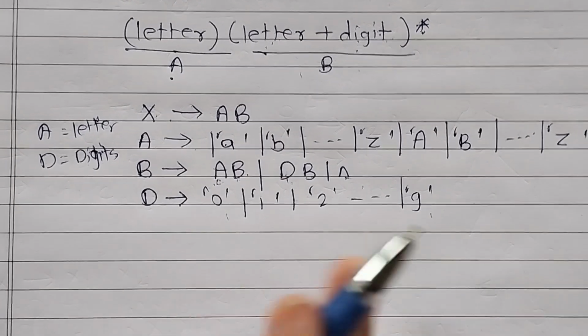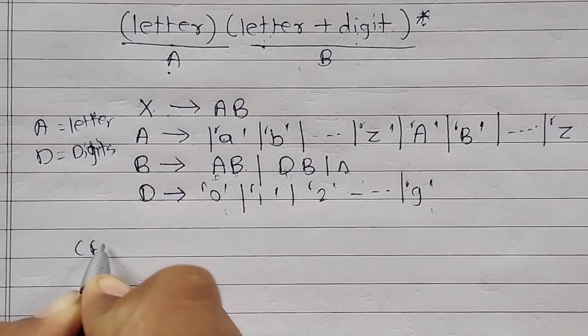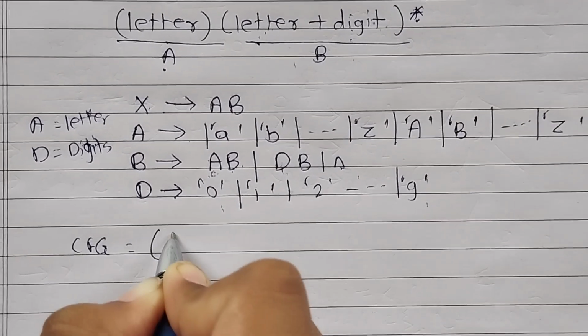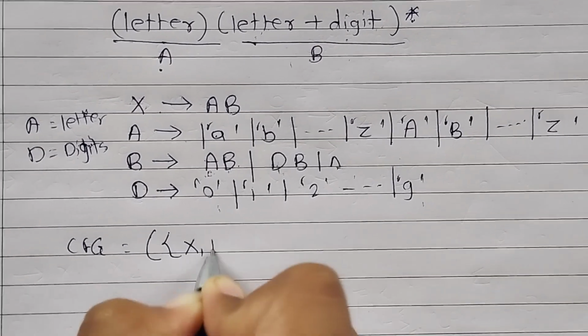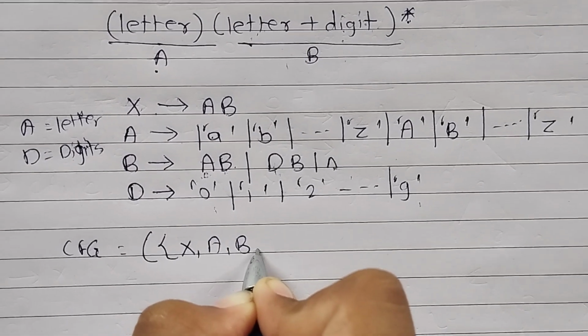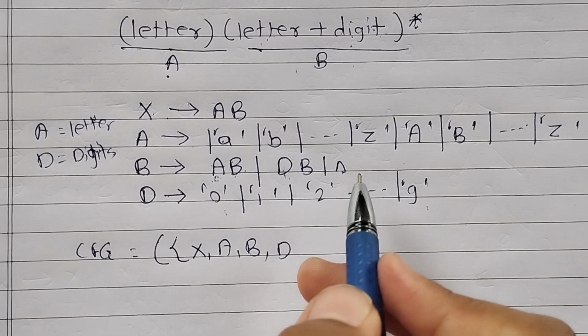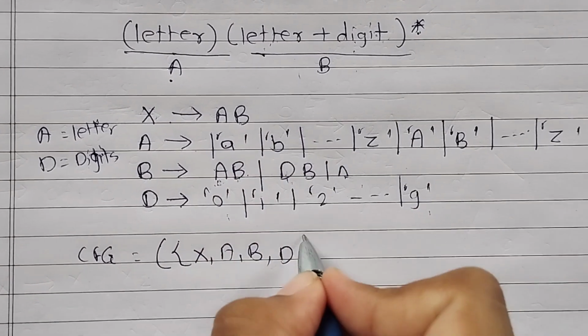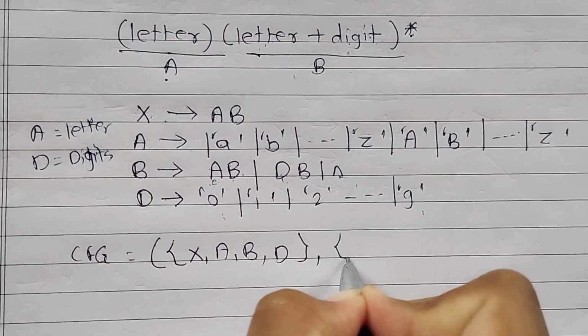So this is our production, and this CFG G is again, first, all capital letters: X, A, B, D and null. These are our final variables.